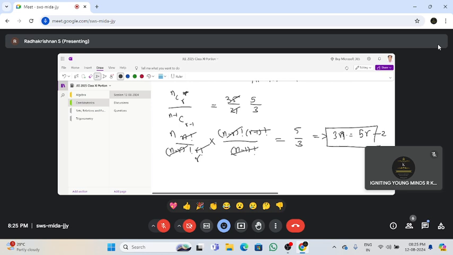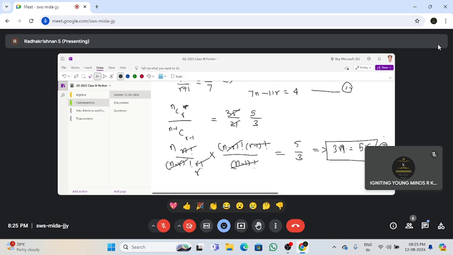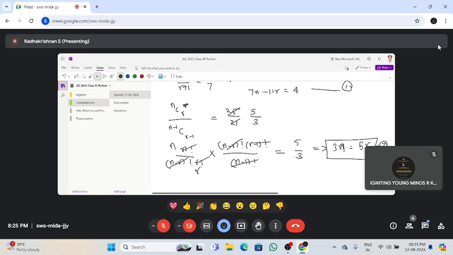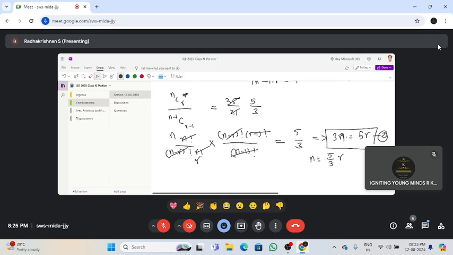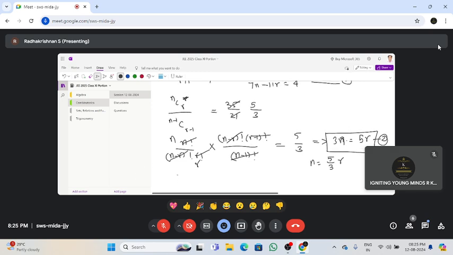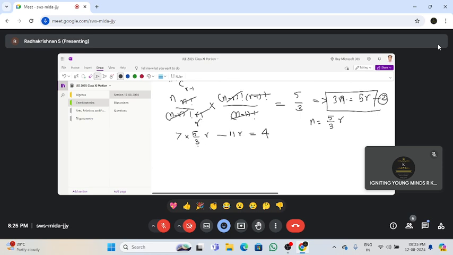The second equation. So the first equation is 7n minus 11r equal to 4. The second equation gives us 3n equal to 5r. So you can simply substitute. n equal to 5 by 3 r. So 7n equal to 7 into 5 by 3 r. So 7n minus 11r equal to 4. Now you see a fraction, so multiply the whole thing by 3.